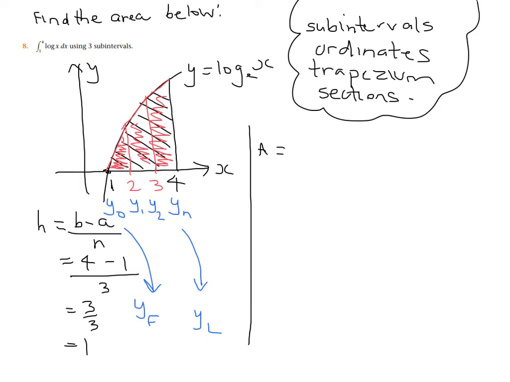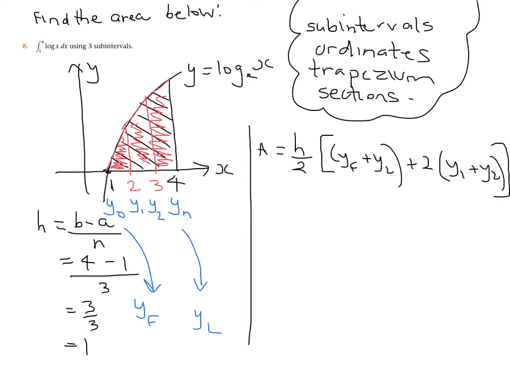It just makes it a little bit clearer. So the formula was h on 2 times the first plus the last, y first plus y last, plus 2 of everything else. That's y1 plus y2 added up, because we use this one twice for this trapezium, and this one twice. Okie dokie.